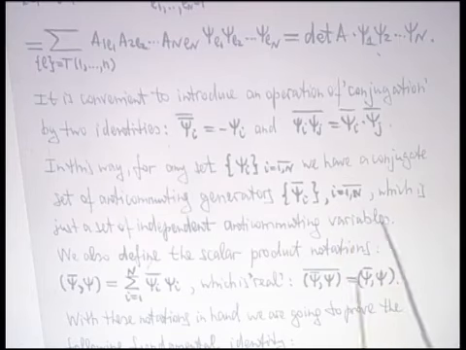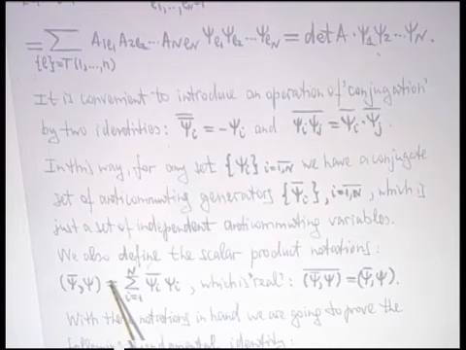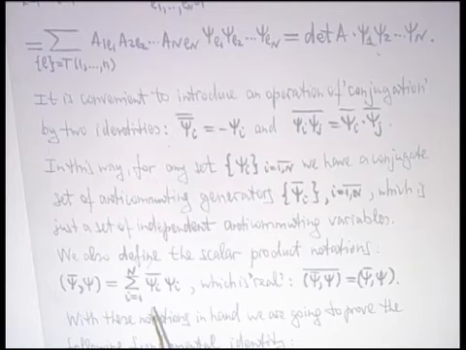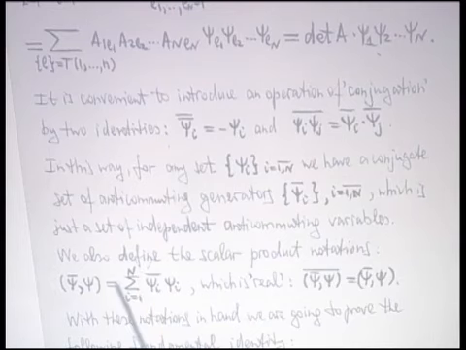But these notations are convenient because they allow us to write a kind of scalar product, or in fact a square: psi bar times psi, which is just the sum from 1 to n of psi i bar times psi i.